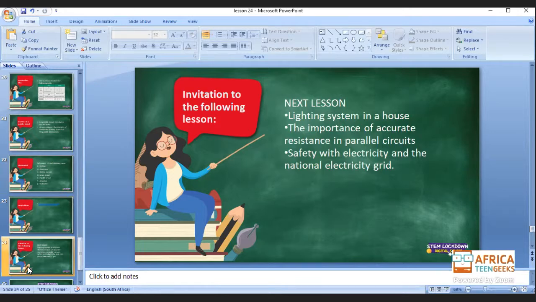How do you calculate how they reach that this month you owe 58 rand or you owe 1,250 rand? You will also do the importance of accurate resistance in parallel circuits. You'll also learn about safety with electricity and the national electricity grid. You will know exactly how City Power and Eskom charge us. You will know that tomorrow.